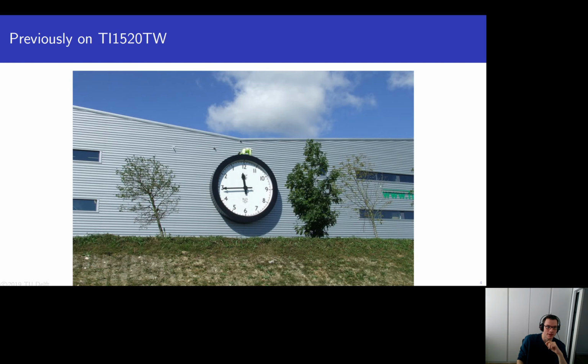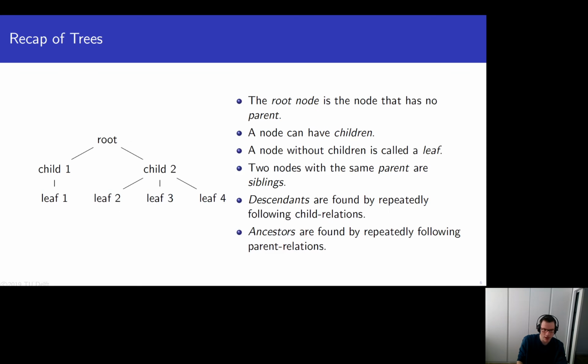Now then, let's talk about graphs. And before we do, I should talk a little bit about trees, because graphs are going to be an extension of the idea of trees. So remember that in trees we had a root with children, and the nodes without children we called leaves, and if they were at the same level they're called siblings. We had descendants and ancestors, all of these great terms.